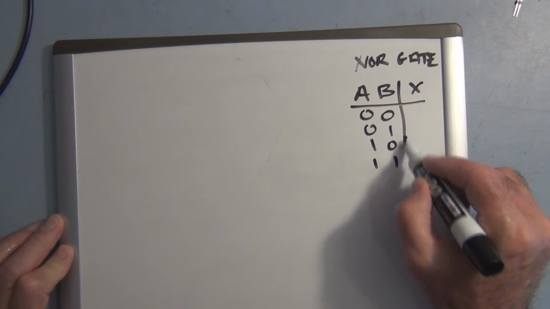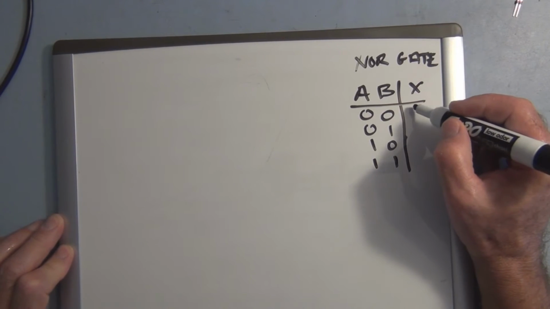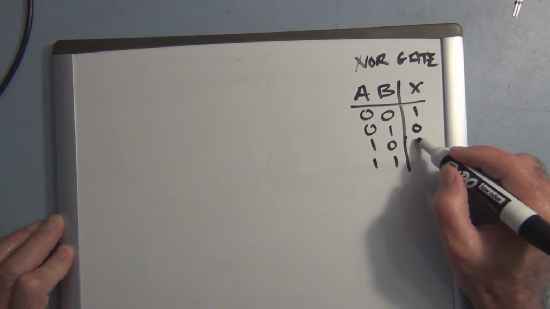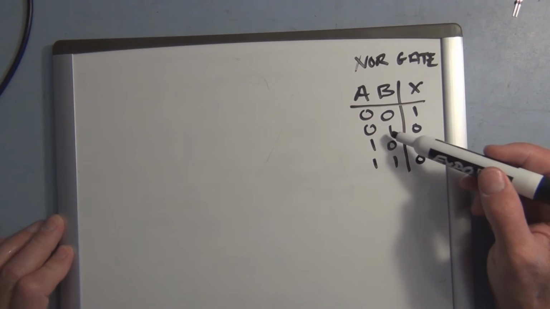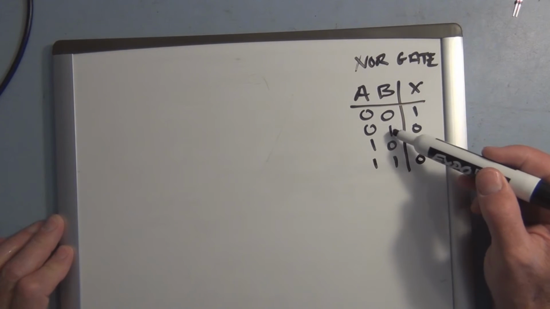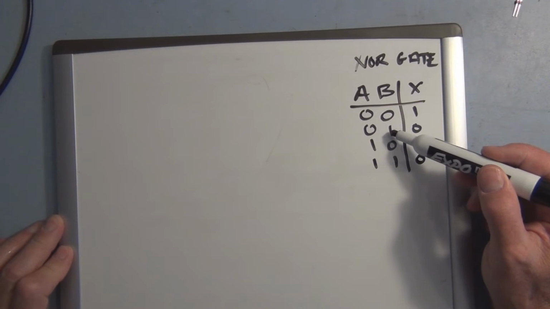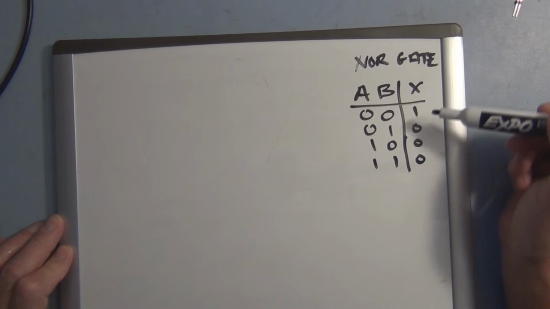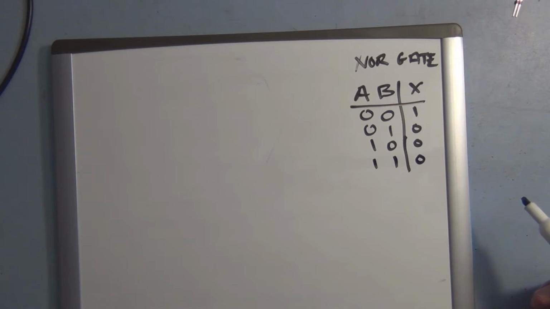The output is opposite of an OR gate. And the controlling bit here is a 1. If there is a 1 on either of the inputs of a NOR gate, you're going to have a 0 on the output. It's only when both are low that you get the high output.